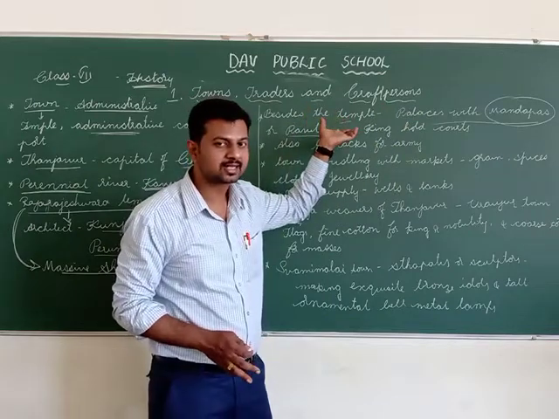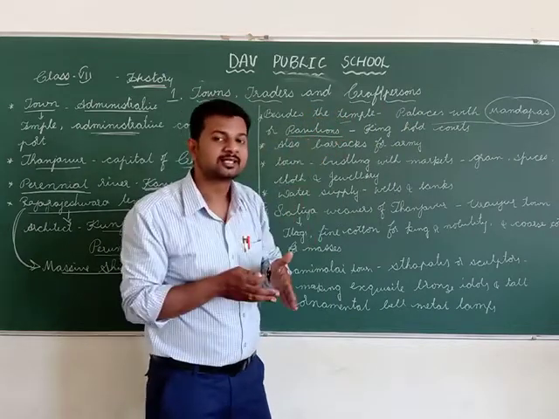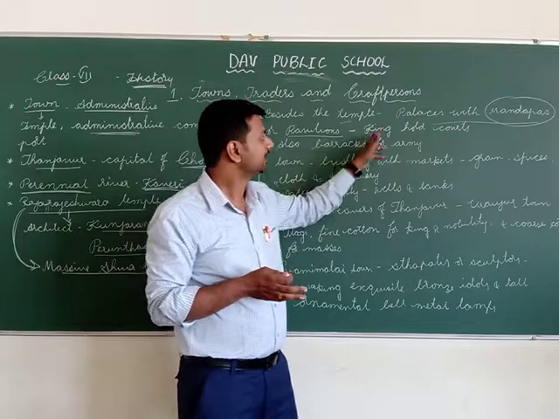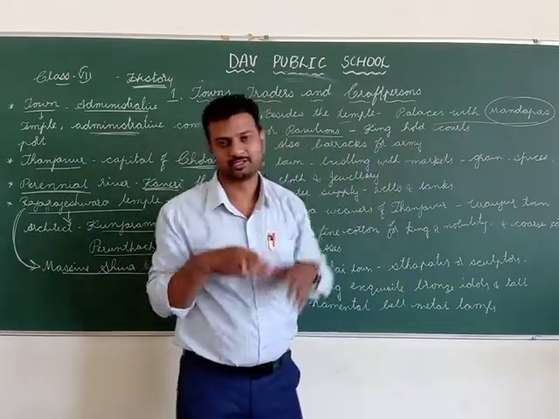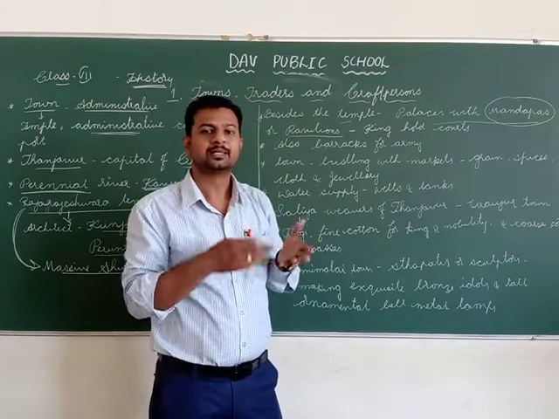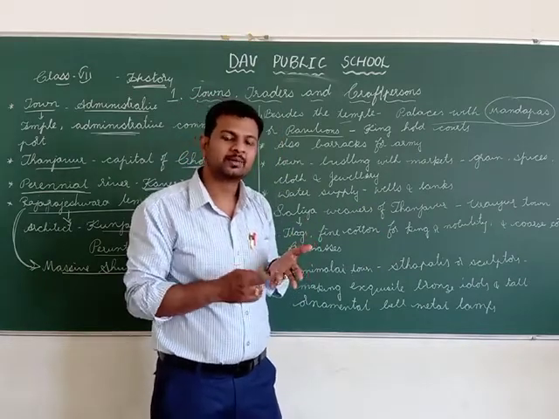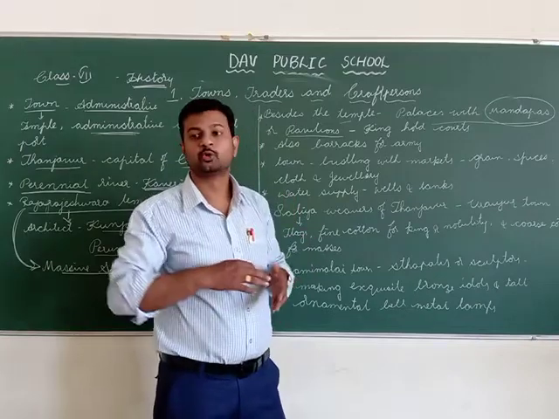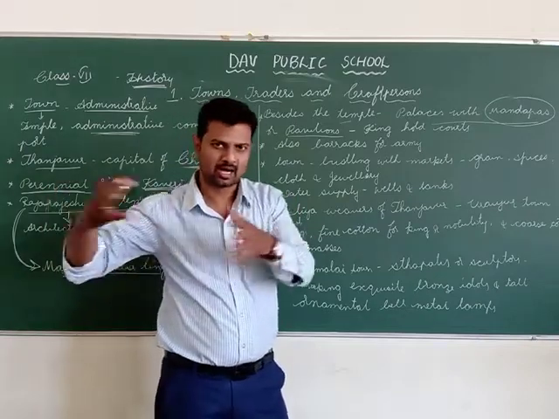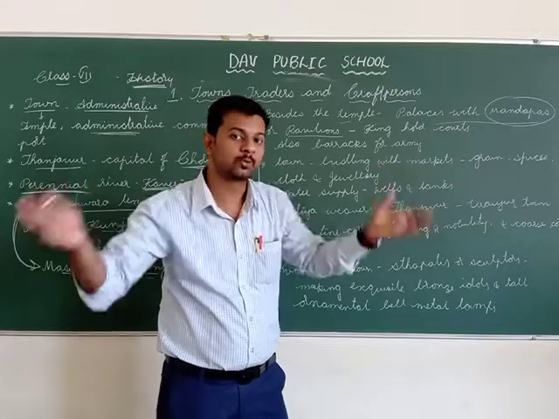What was the purpose of constructing it? The king would hold court there with his subordinates. Subordinates means who? The ministers and the army people. They discussed the problems: how to acquire other places, how to establish themselves in the area.